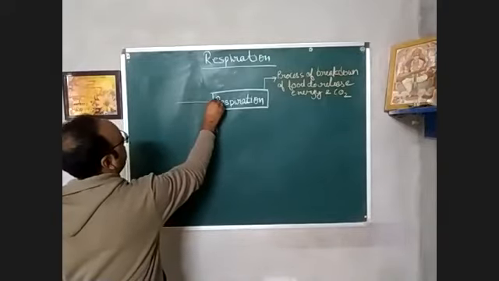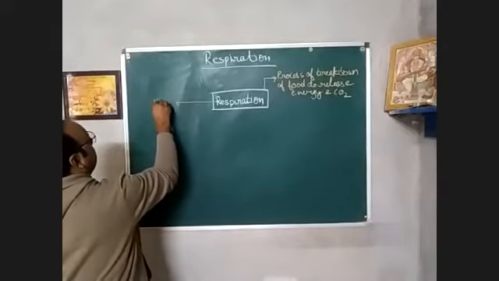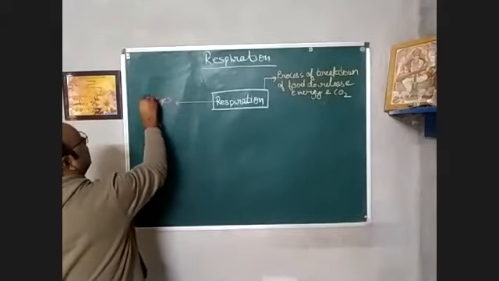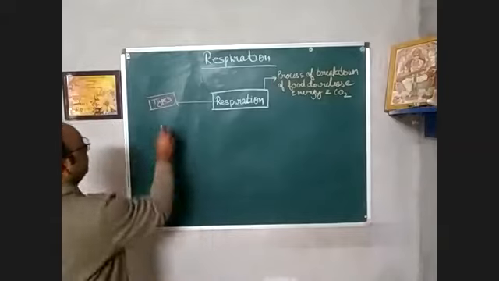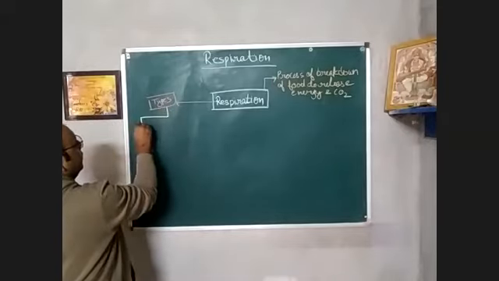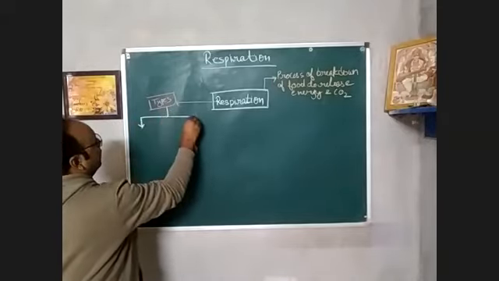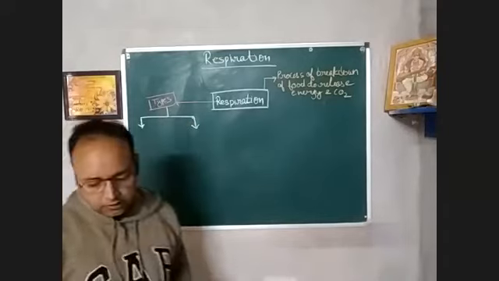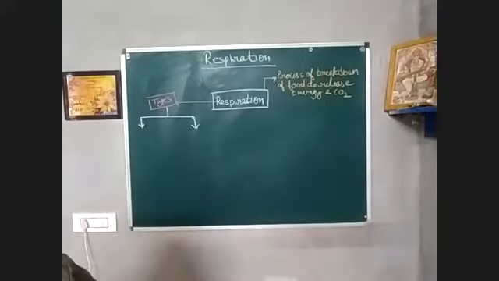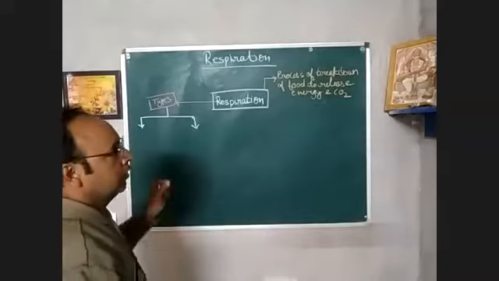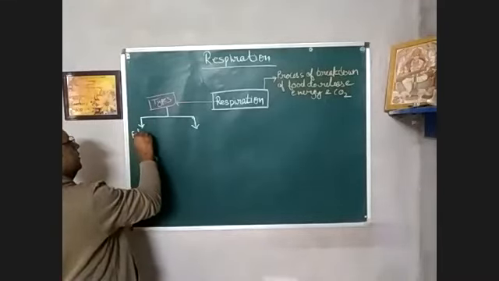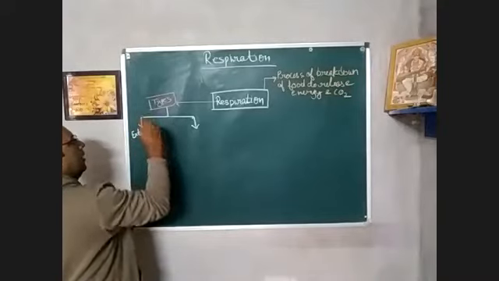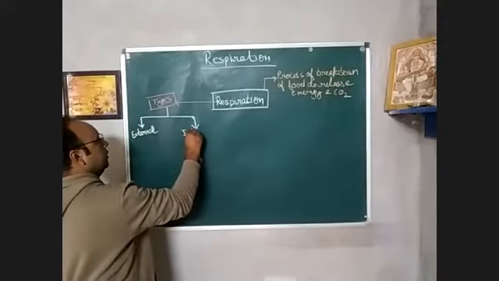Then we went towards the types of respiration. Types of respiration, my dear children, you remember what these are? Mainly we discussed two, right? One is external and another is internal.